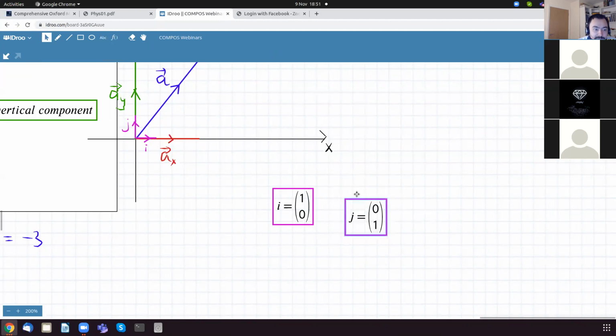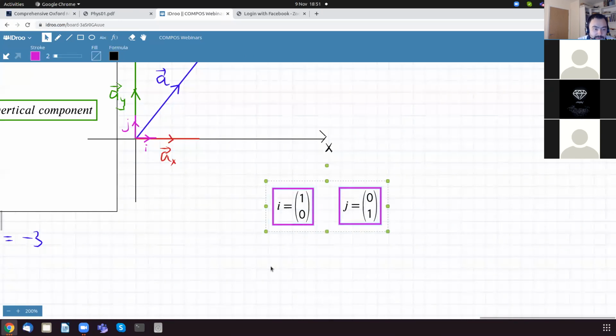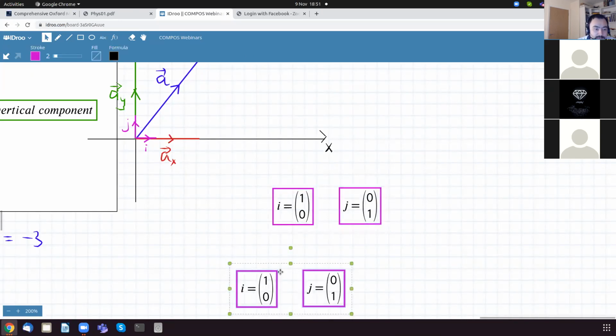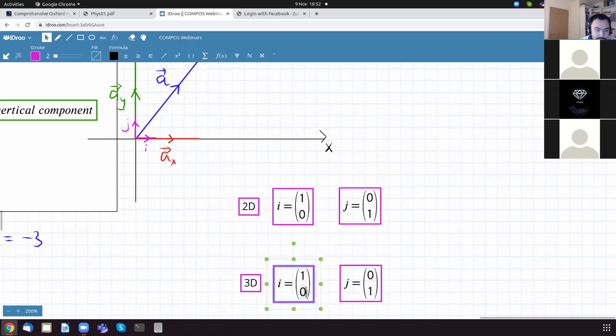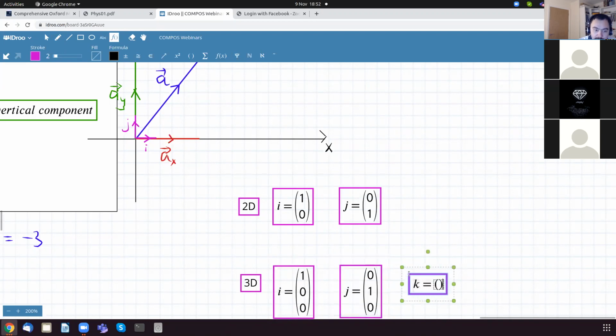Sometimes we have k, if we're in 3D. This is 2D, and this is 3D: (1, 0, 0), (0, 1, 0), and we have vector k, which is (0, 0, 1).